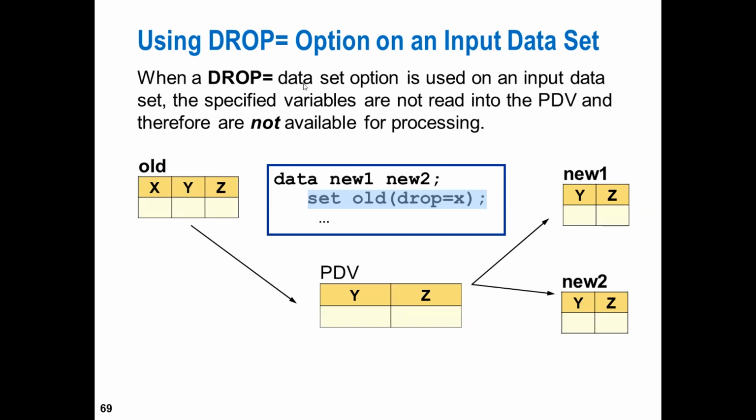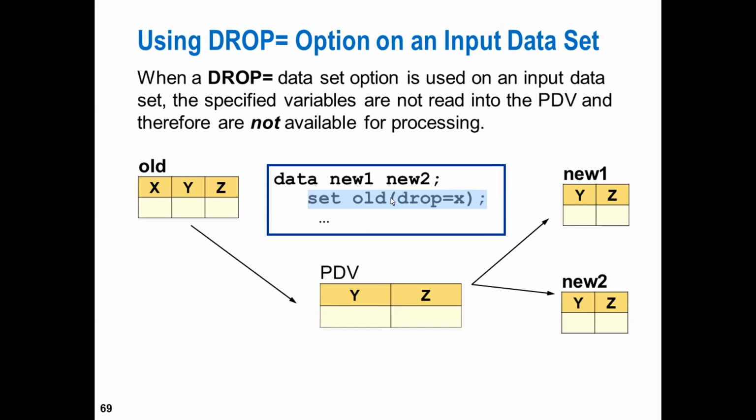So when a drop equal to data set option is used on an input data set, the specified variables are not read into the PDV and therefore are not available for processing. Very important concept. You get a question in your certification on this concept.